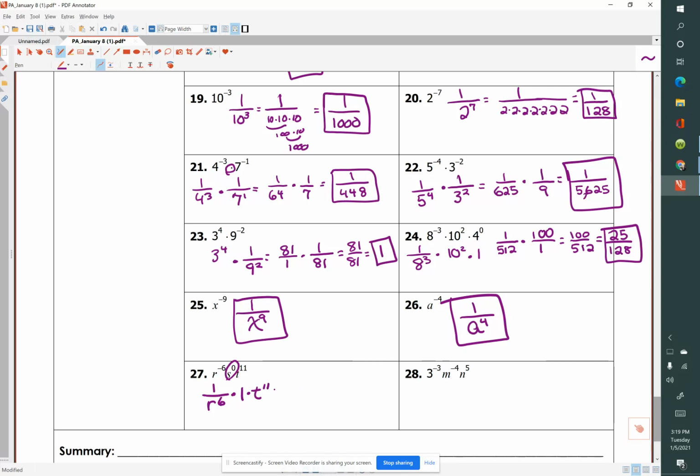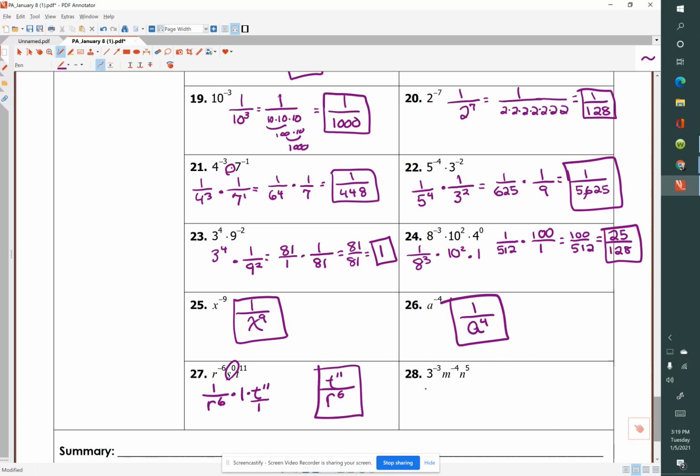And the way we write this, t to the 11th can be thought of as t to the 11th over 1. So if we multiplied everything across, we would have in the numerator t to the 11th over a denominator of r to the 6th. Let me rewrite that so it's a little clearer to see. So that's r to the 6th power in the denominator.